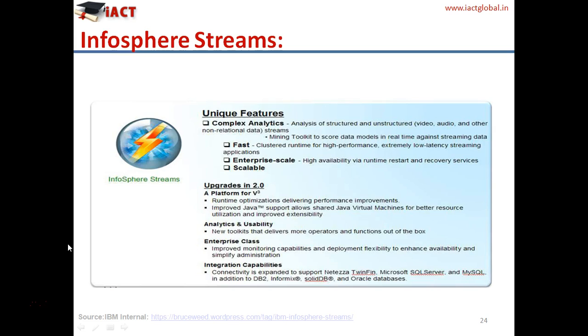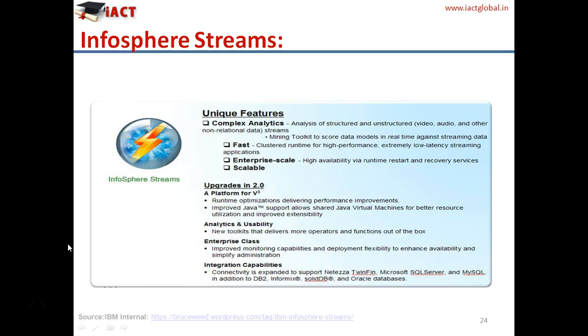So let's see what its unique features are. Complex analytics: it can analyze structured data, unstructured data, any data, video, audio, or other non-relational, non-structured data streams. And it has a fast, clustered runtime for high performance, extremely low latency streaming applications.